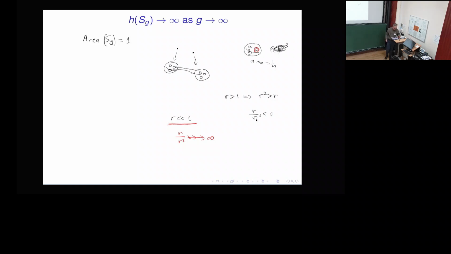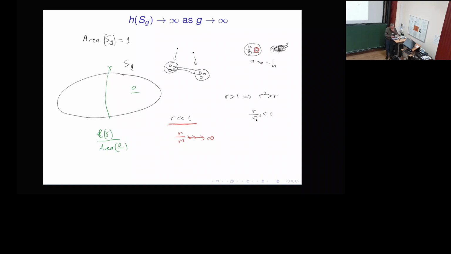So now I take my sphere, SG, and try to find a hypersurface, which is just a collection of simple closed curves. Let's call this gamma. So it's not connected. I want to bound the length of gamma over the area of omega.